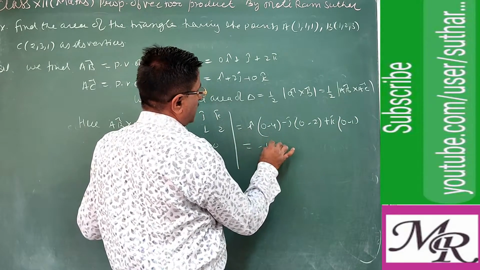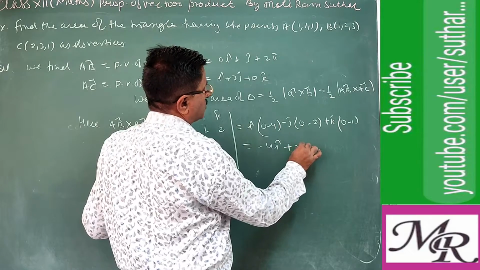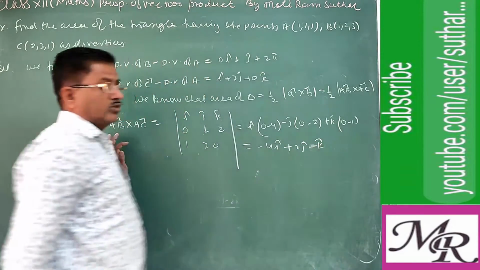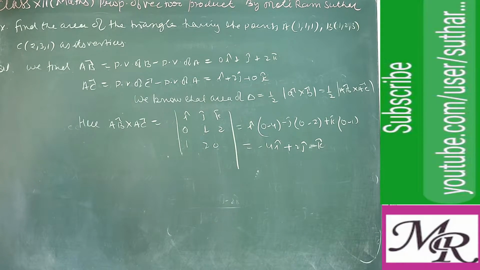So we get minus 4i plus 2j minus k. This is the cross product of the given two vectors.